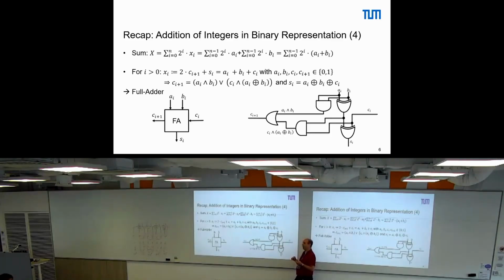Right? So you always need both. With a half adder alone you cannot do addition because you have no carry in. So effectively if you do the optimization then you end up with something like a half adder. But that's already specialization.